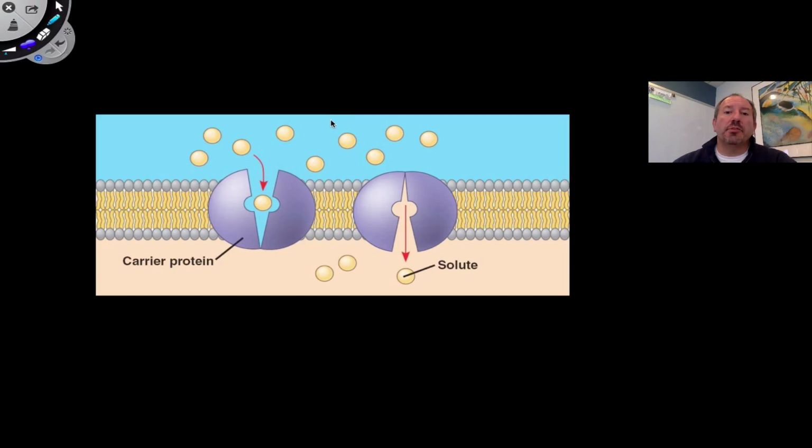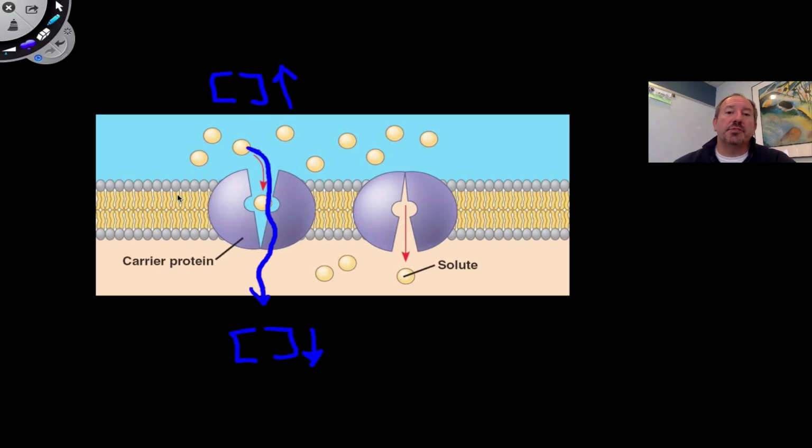Now, let me review some basic biology on this. Some of these ions need a transport protein to cross the cell membrane, but the reason they do cross is that molecules move passively from an area of high concentration to an area of low concentration.